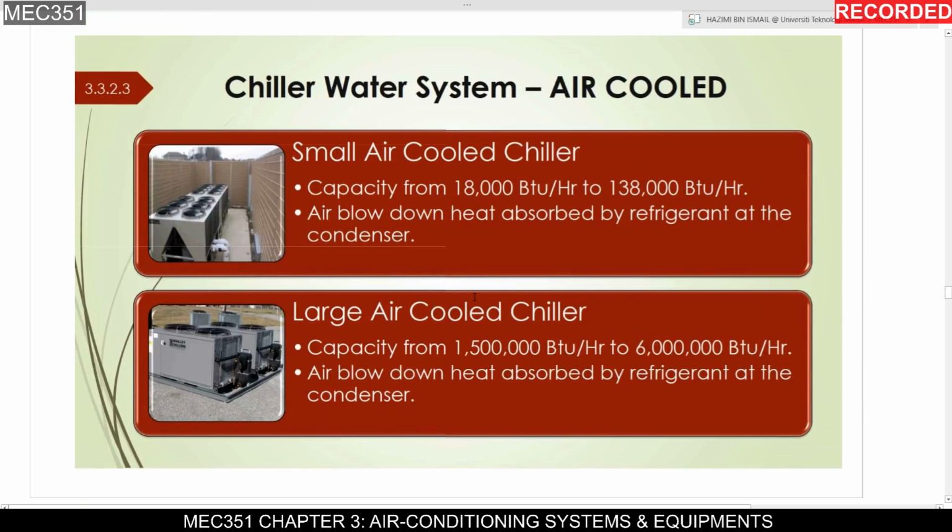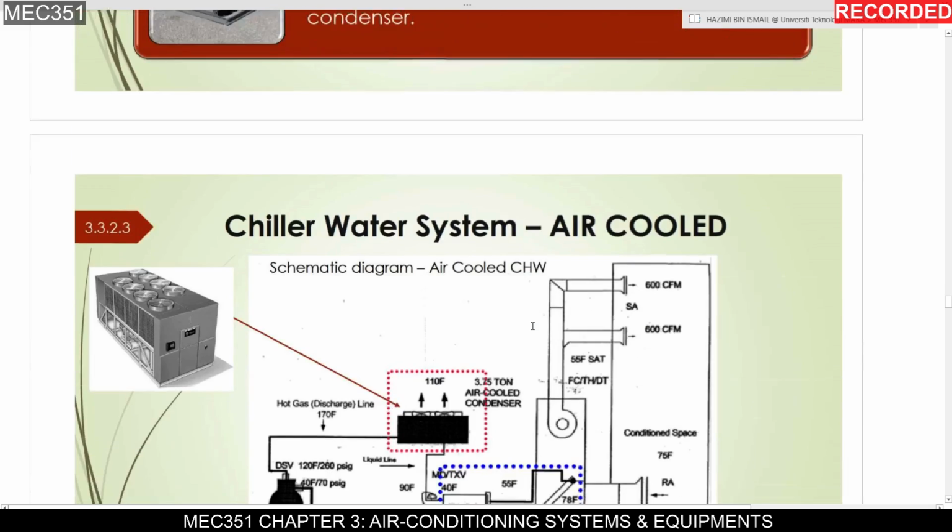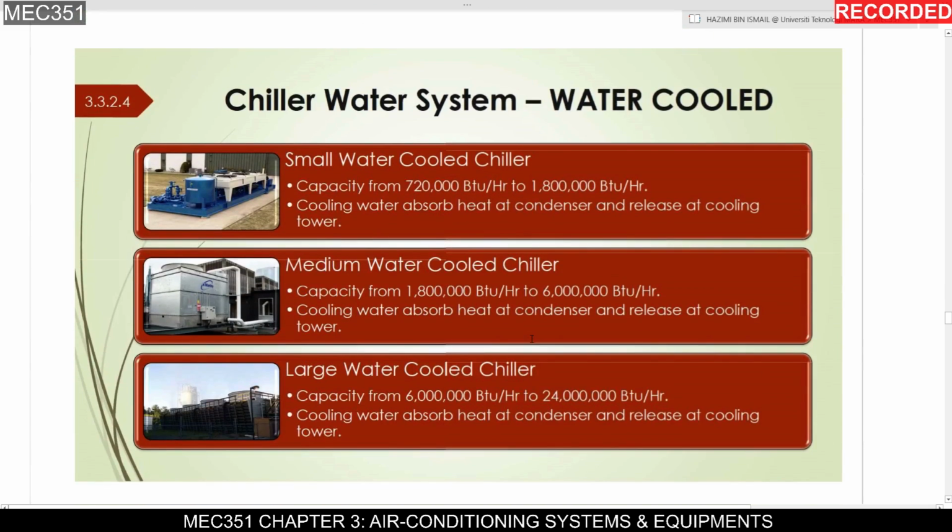If you just need a lower cooling load, the air cool could be better. But if you have to cool down a very large area, with a very high cooling load value, the water cool chiller is better and suitable.